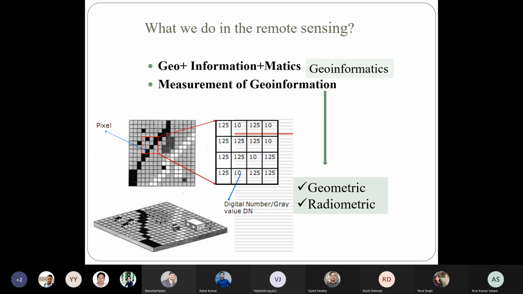Radiometric information contains a set of numbers which we call digital numbers, and those digital numbers contain the information of the object in terms of what amount of energy is reflected back from the object.